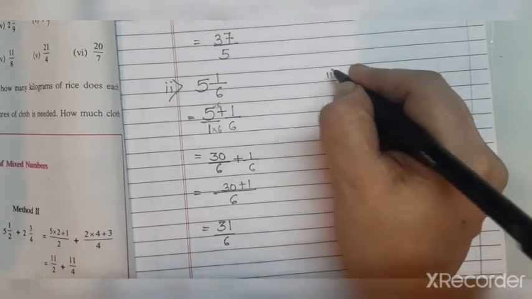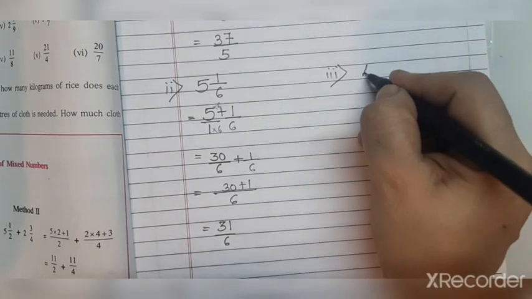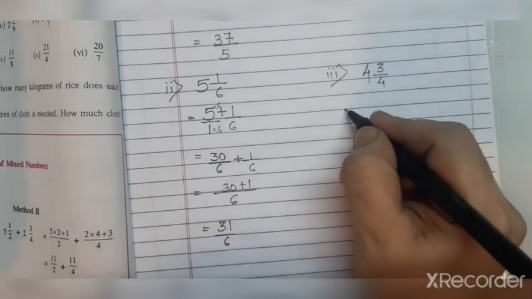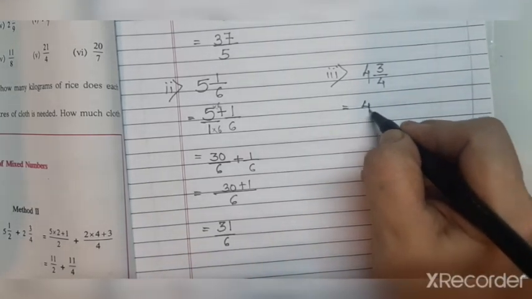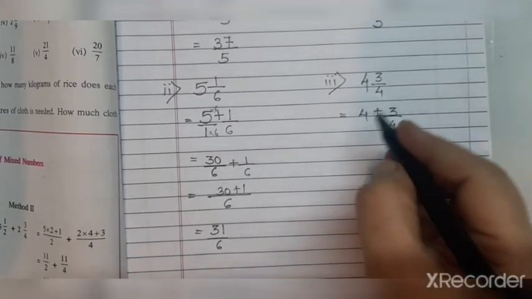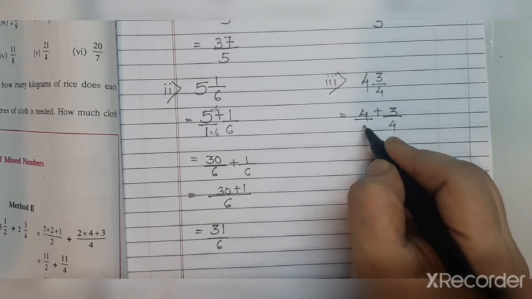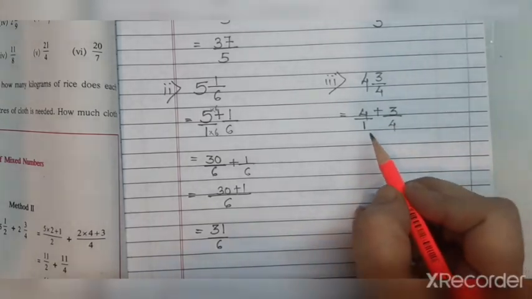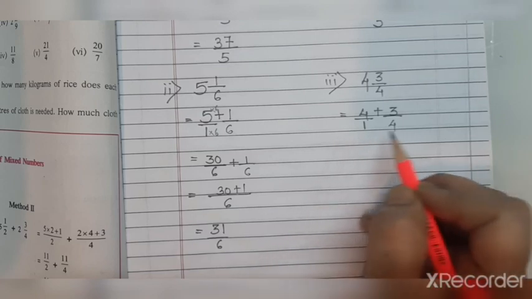Then I'll do the third one. 4, 3 upon 4. So here 4 plus 3 upon 4. Now nothing is there in the denominator of this 4, so there is 1. Now how can we convert these denominators to the same number?